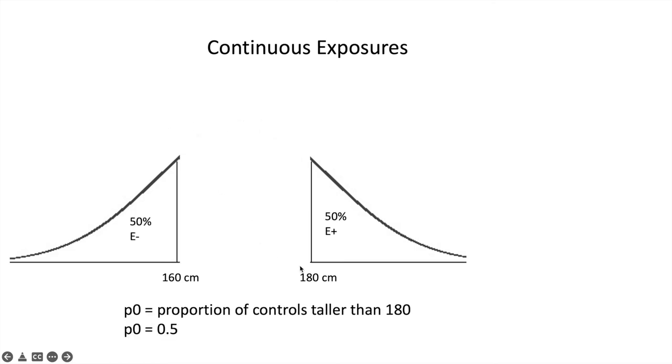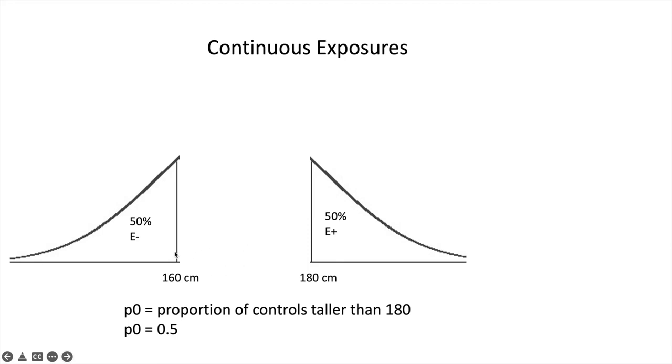But as soon as we eliminate this middle part, this first quartile represents 50% of this population, because now our population just consists of this quartile and this one. So in that way, P0 still represents 50% of this population being exposure positive, being 180 centimeters or above, while exposure negative is less than 160.